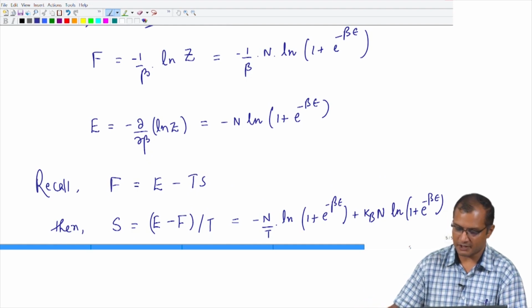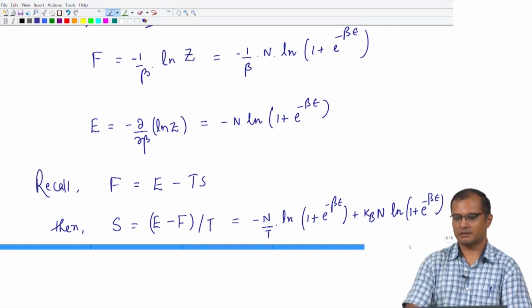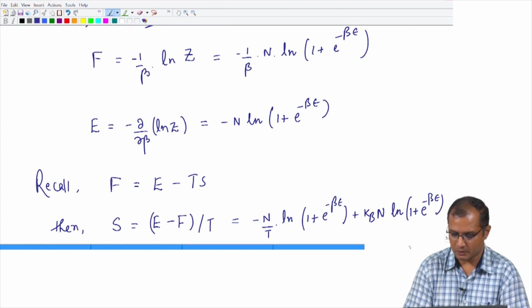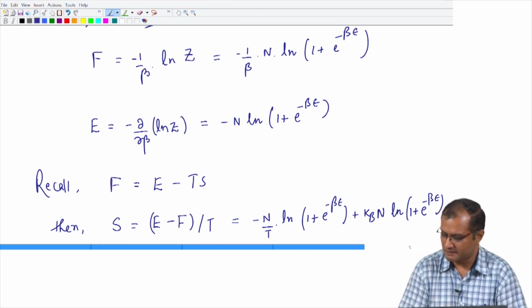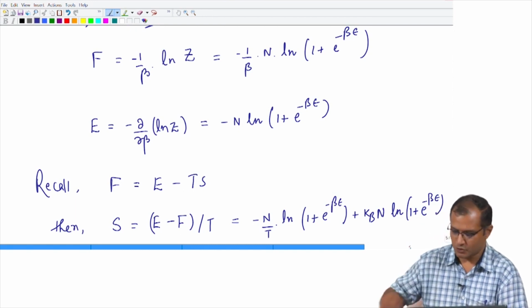So, F is already minus 1 upon beta. If I multiply by minus 1 by T, I just have a k_B there. So, that is the expression for entropy.